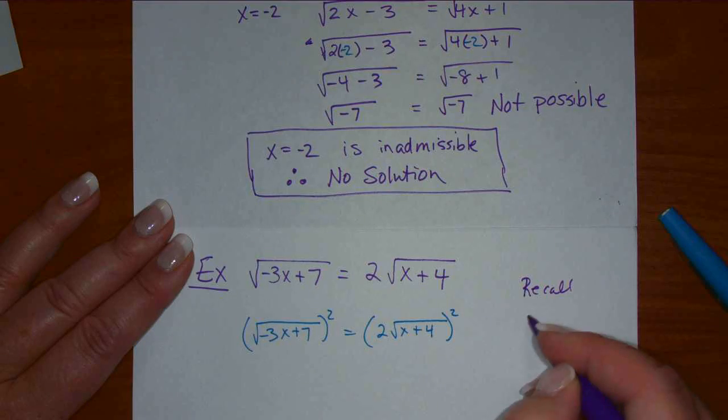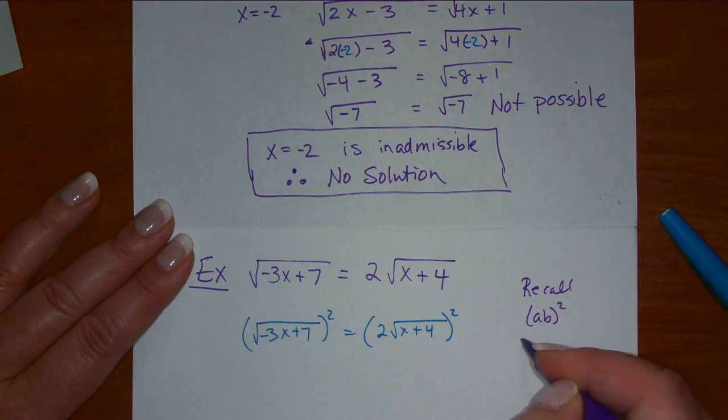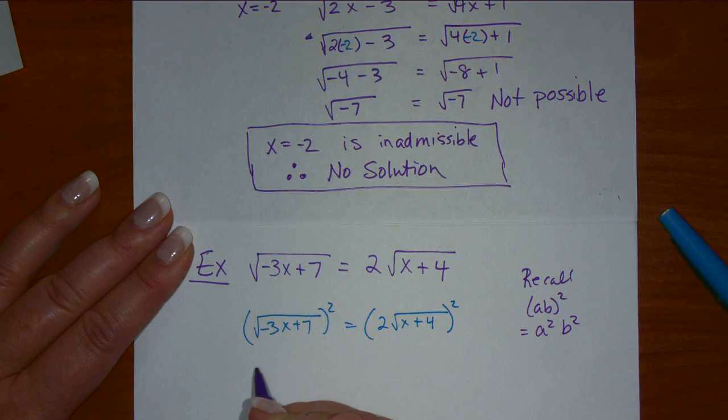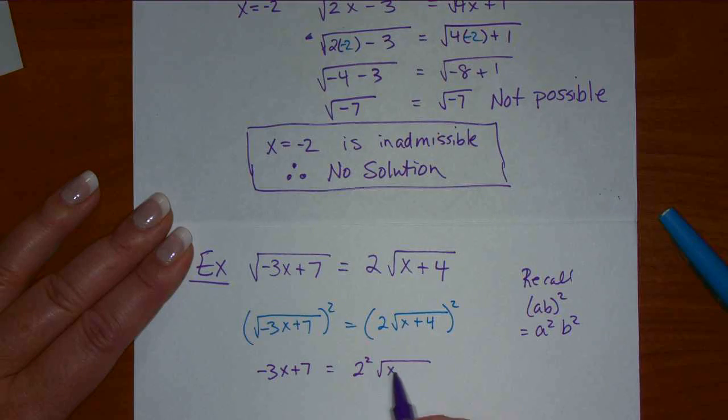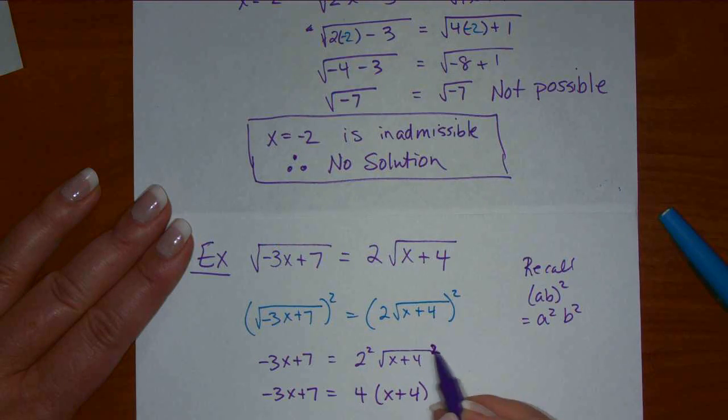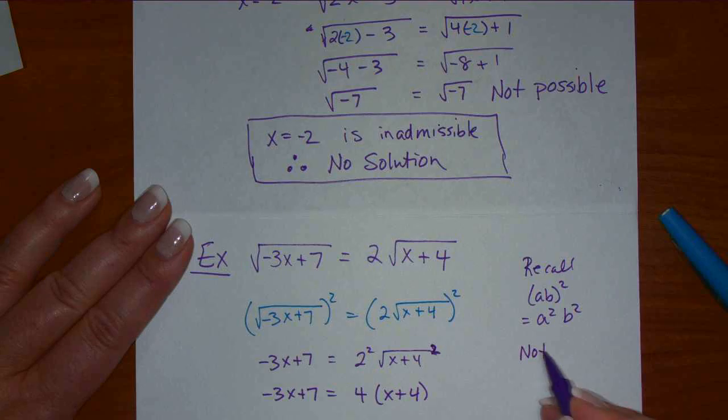If we have a, b all squared, then that's a squared, b squared. You have to square both. So this will be minus 3x plus 7. This will be 2 squared, and then that squared, which makes the radical disappear. So minus 3x plus 7. 2 squared is 4, and x plus 4. Right?